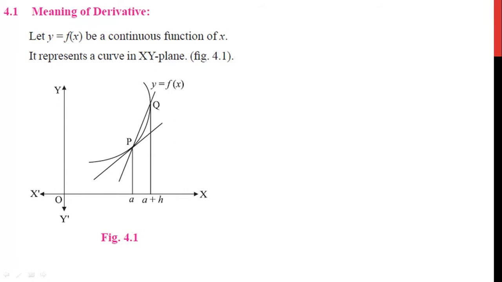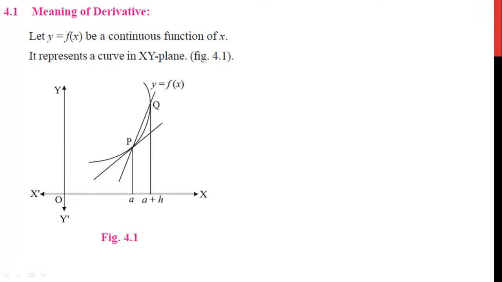Because y is equal to f of x is a continuous function, the curve is continuous. On that curve, suppose you consider the point P and the point Q as shown in this figure, where the x coordinate of P is a, and for Q the x coordinate is a plus h.